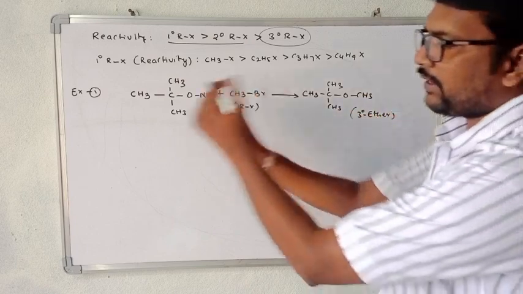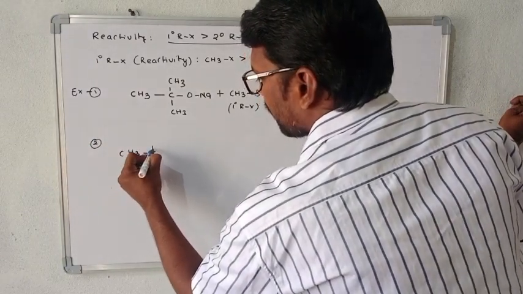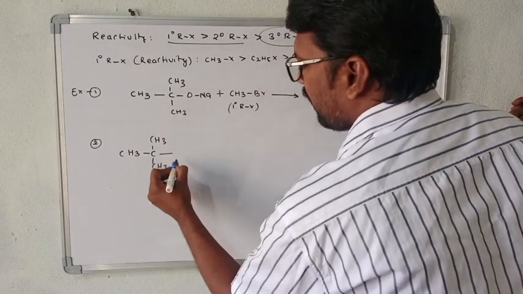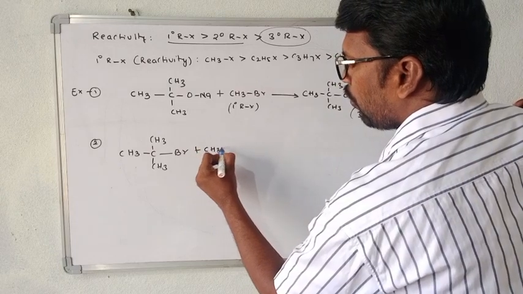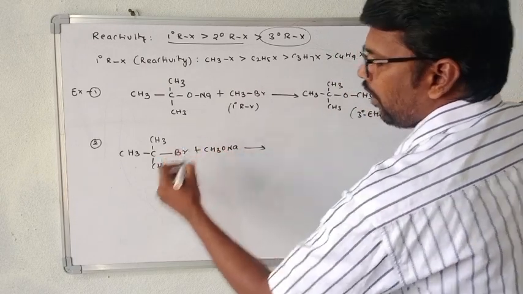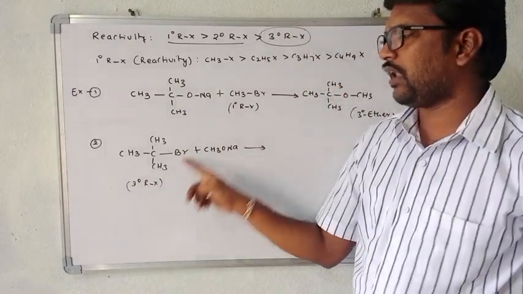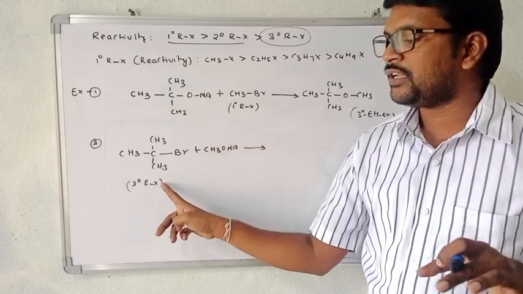Now I can change the positions. I take (CH3)3C-Br, and here I take CH3ONa. In this condition, the alkyl halide is tertiary alkyl halide. In the earlier example it was primary, and here it is tertiary.